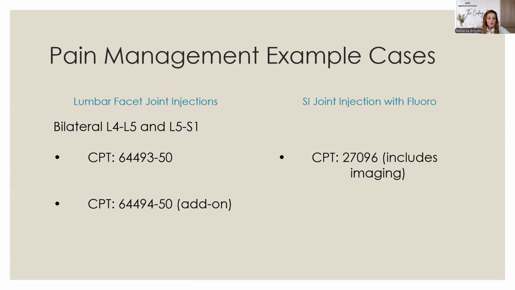The CPT codes would be 64493 with a 50 modifier for the bilateral, and we would also use the add-on code of 64494 with the 50 modifier for the L5 through S1 area bilaterally. SI joint injection with fluoro. The CPT code would be 27096 as this code includes imaging.